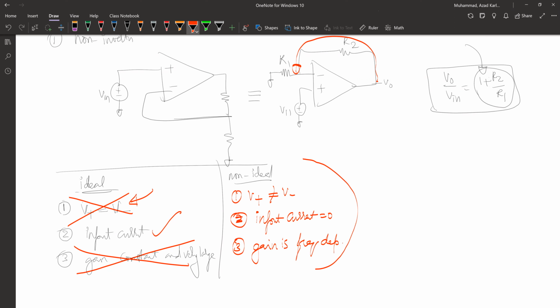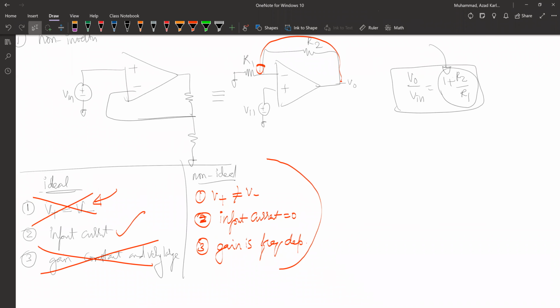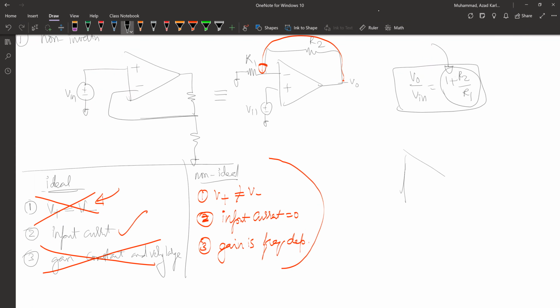So let's quickly solve it using non-ideal assumptions. We have a non-inverting configuration. This is our V in, this is our R1, R2, right? If this is V in, we cannot say that this is also V in, so let's just call that Vx. This is our V out.